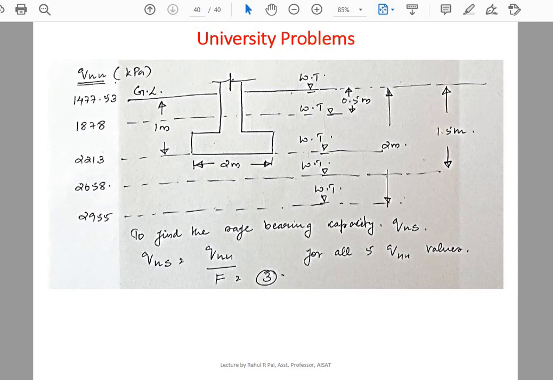problems. So with this, most of the portions of the third module are over. Now I have some portions regarding the settlement of foundation. Problems regarding settlement are not usually asked, or even if asked, it is just an equation, substituting in that equation. Already I have given it in the previous semester in the module consolidation.